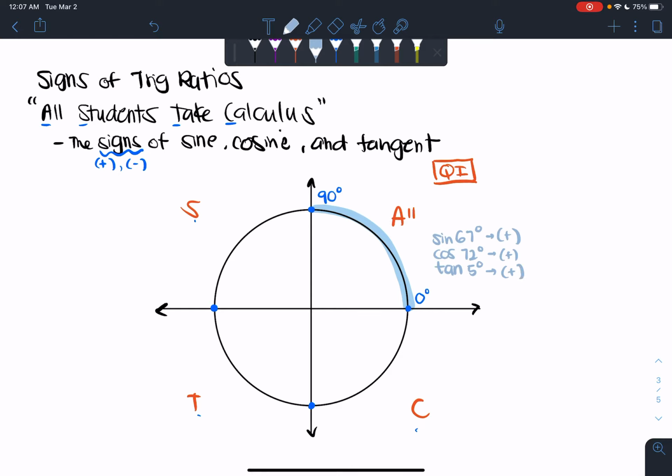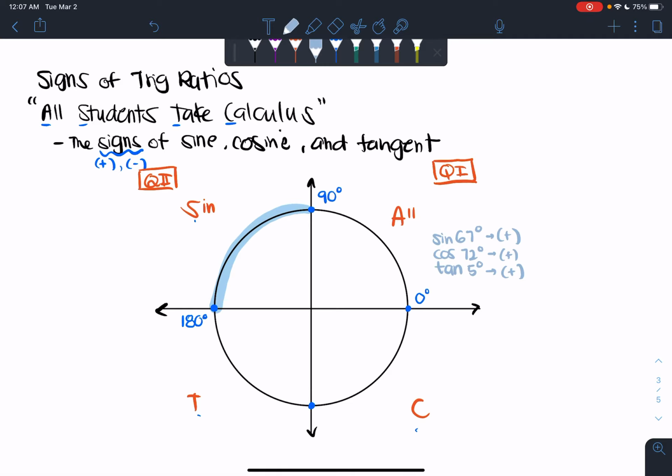All right, now let's look at quadrant 2. Quadrant 2 goes from 90 degrees to 180 degrees. So any theta between 90 degrees and 180 will give us a positive value, but only for sine.